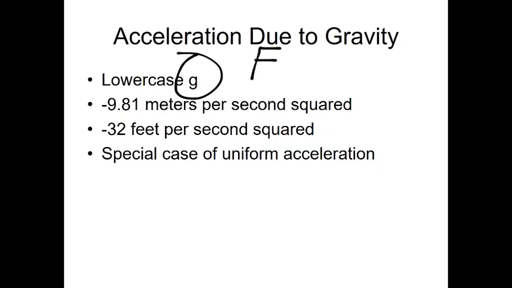So oftentimes we'll talk about free fall. In this class, in most cases, when we're working with problems with free fall, we're going to be ignoring the effects of air resistance or drag. So we're going to pretend those don't exist, and we're going to assume that all the acceleration, at least the vertical acceleration, is due to gravity.